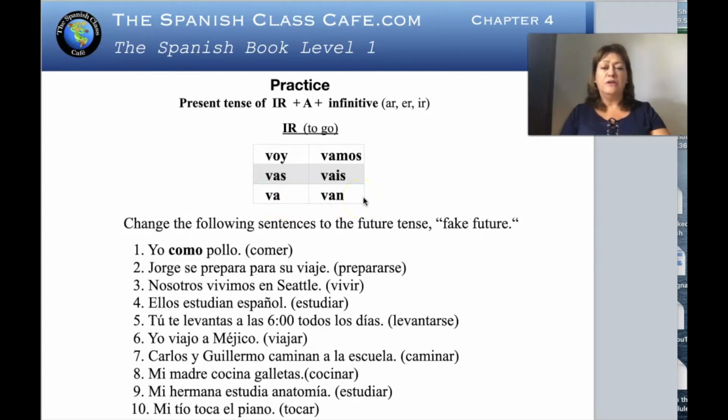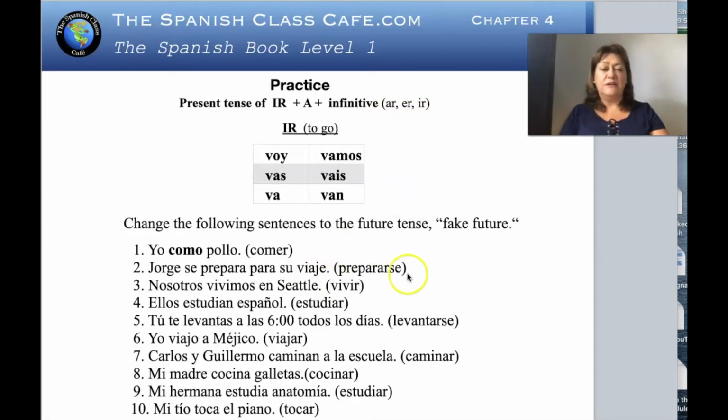Okay, and how do we build this future tense? We use the present tense of the verb to go plus the preposition a, and plus any infinitive that will end in AR, ER, and IR if they are not reflexive, but if they are reflexive, they will end in ARSE, ERSE, and IRSE.